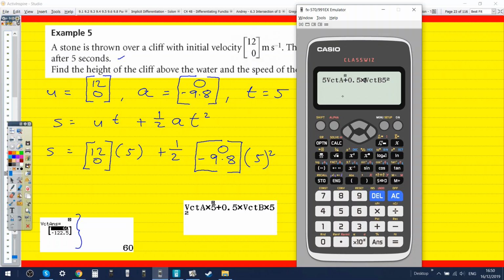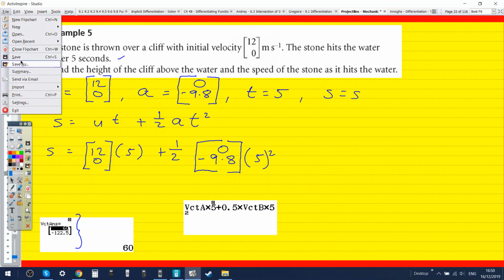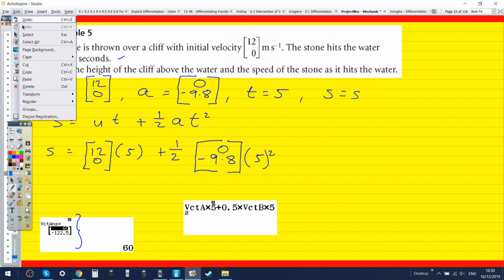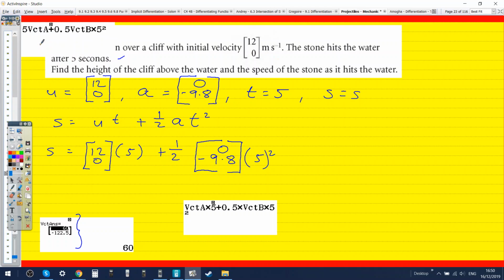Can we do another equation, or is there another way to do it? I think you'll just have to do another equation. Could we use V equals U plus At?